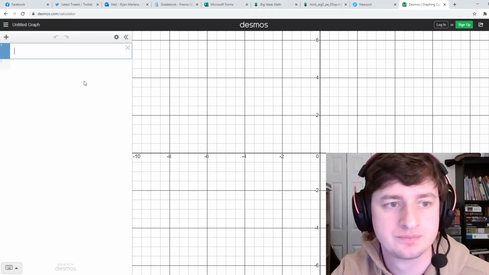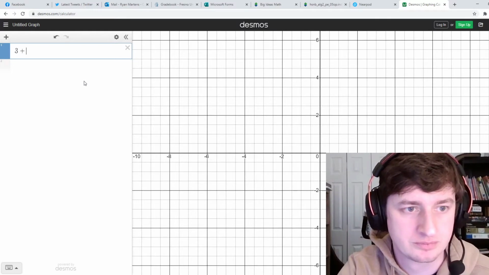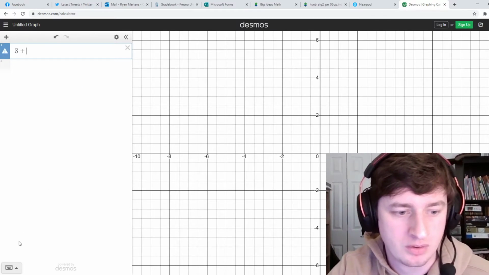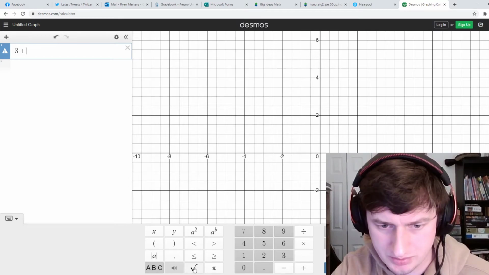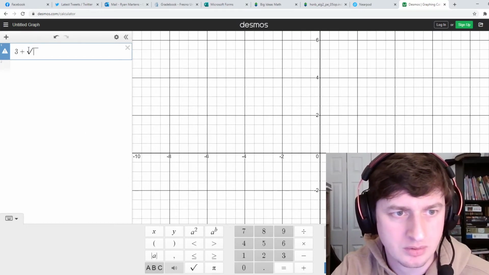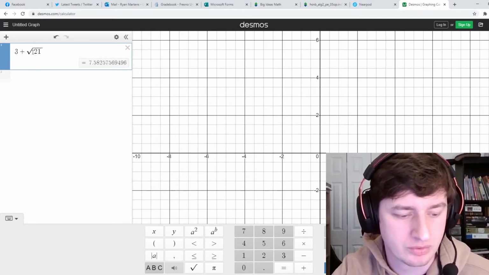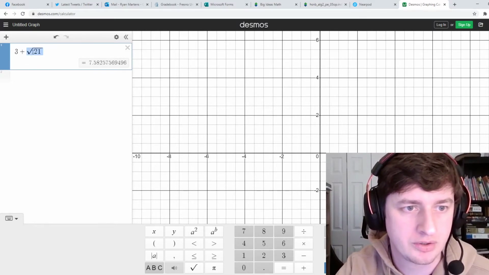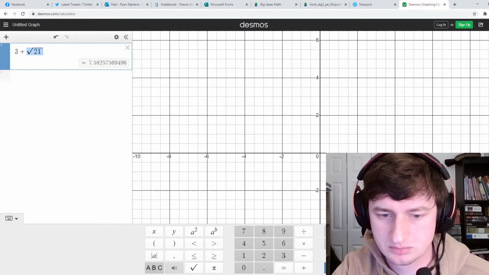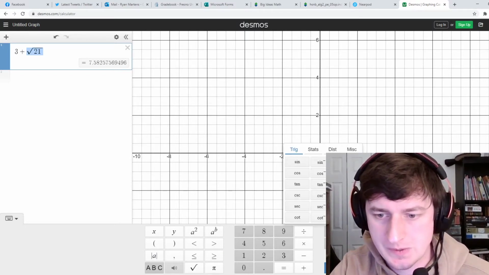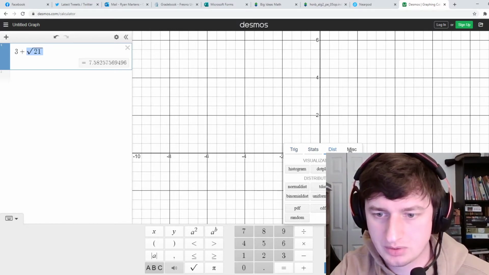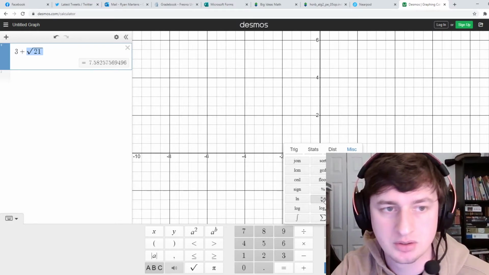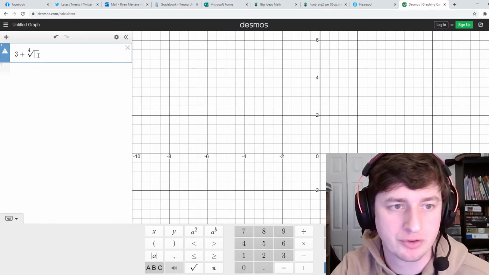So we had 3 plus the 4th root of 21. Do I put 4 there? How do I do? No, I don't actually know. How do we put a 4 in there? Well, I do know how, but not in the... Oh, here it is. If you go to miscellaneous, you can then type the 4 up there.